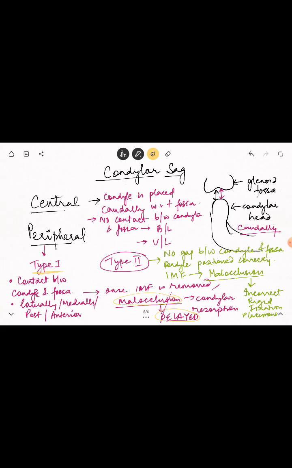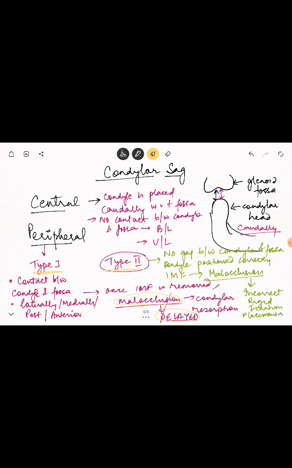Whereas in type 2 peripheral condylar sag, there is no gap between the condyle and fossa. Apparently, we will see that it's completely normal. There is no problem associated with it. The condyle is positioned correctly. But once we remove the IMF in the post-operative period, immediately after operation, we will see there is malocclusion.